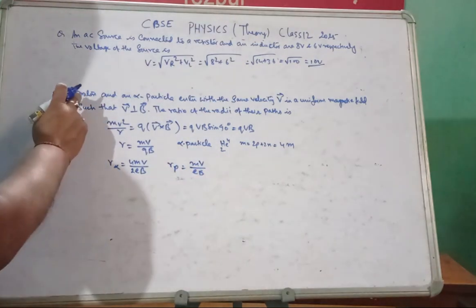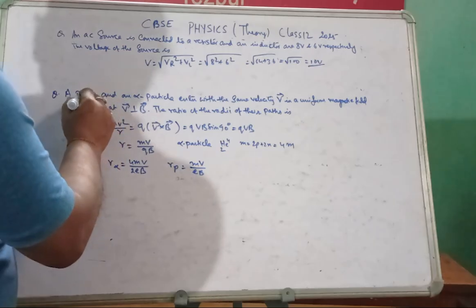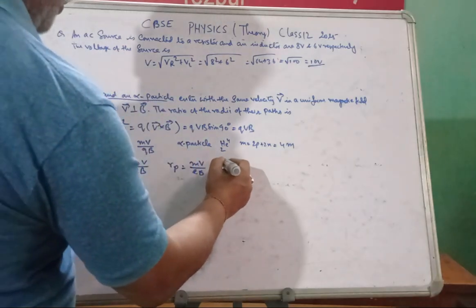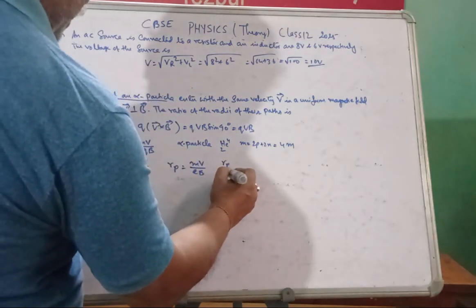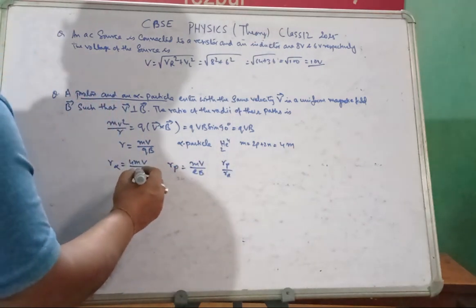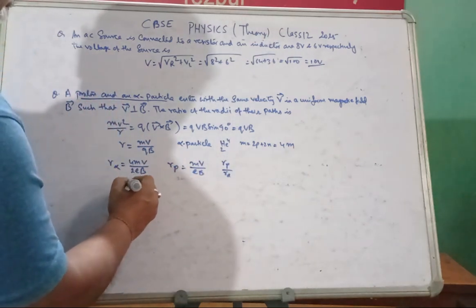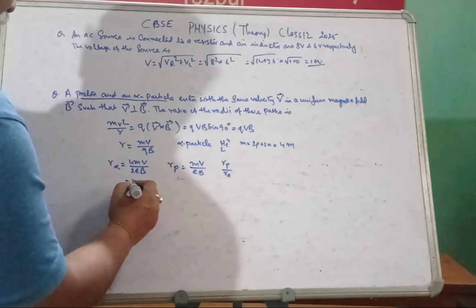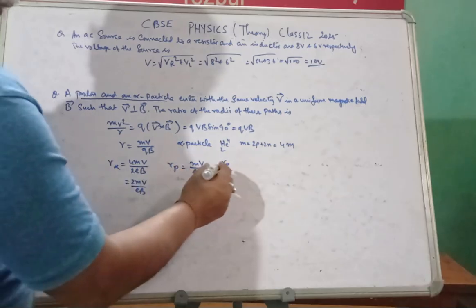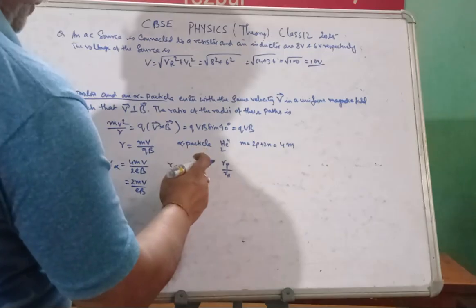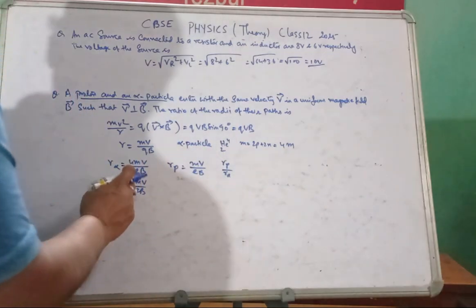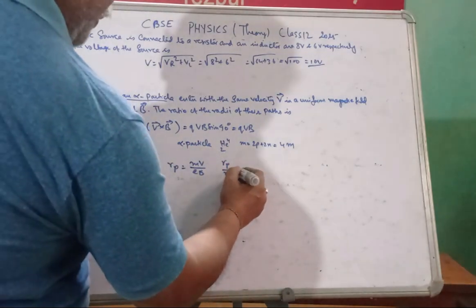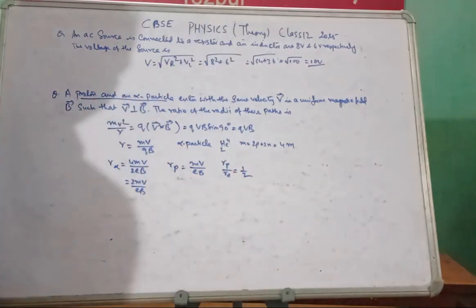So when you divide rp by r alpha, you are going to get 1 by 2.